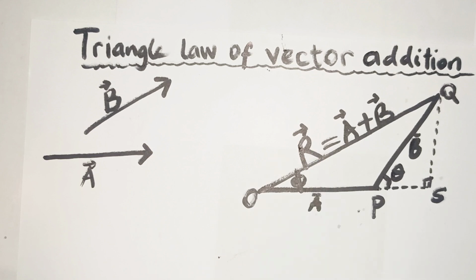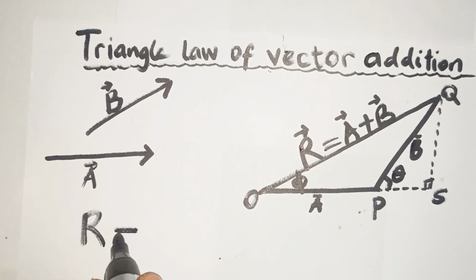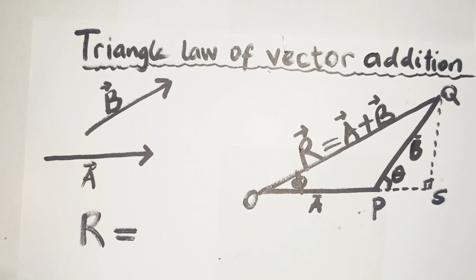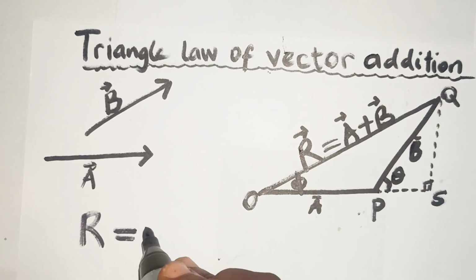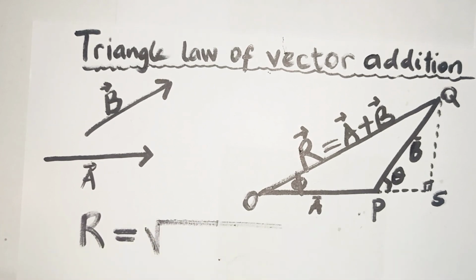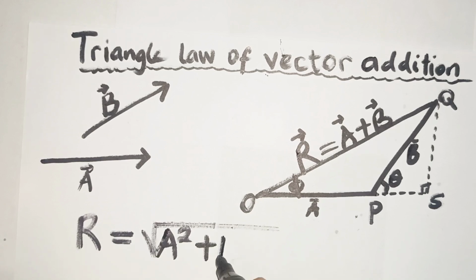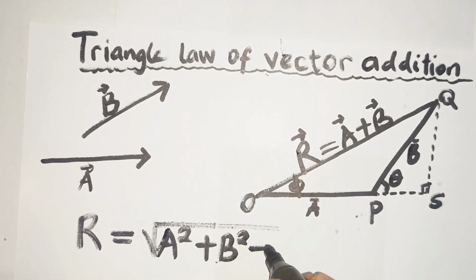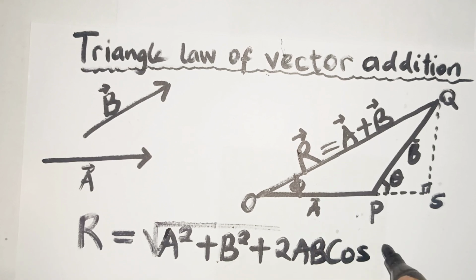Our result was R equal to, we obtained the magnitude of the resultant vector R as the square root of A squared plus B squared plus 2AB cos theta.